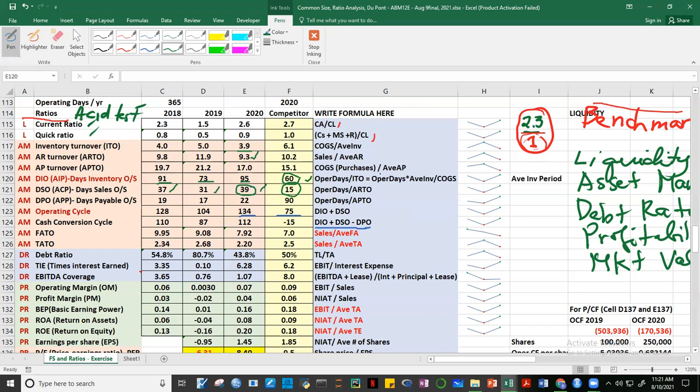Okay, and then last, itong APTO related to DPO, which is days payable outstanding. Ito 15.1, ibig sabihin 15.1 times na pagkabili ng raw materials on account, okay, binabayaran. Payable, accounts payable turnover, APTO. Now, itong APTO, guys, the lower the better. The lower the better.